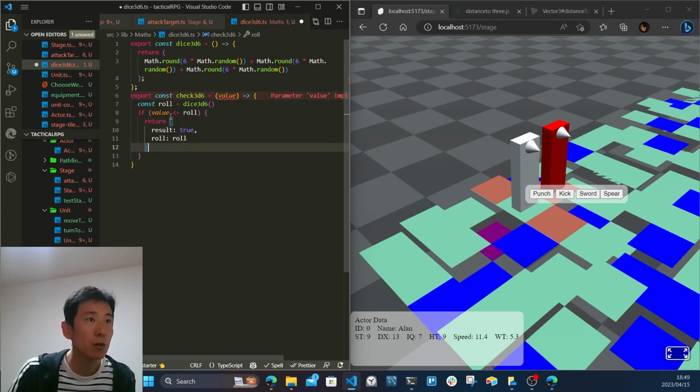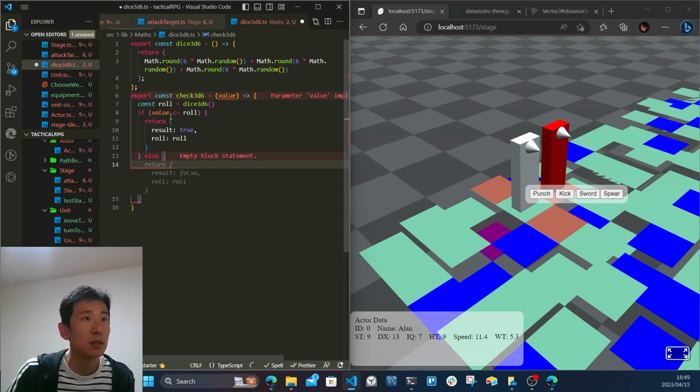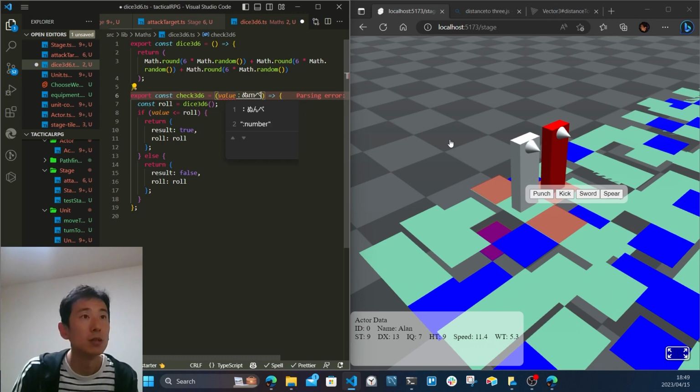You should always return the original number, because it is sometimes important to know the original number that the 3d6 dice gave you. Else return result false and roll is roll. So I think this function is also important. I think I'm going to be using it a lot.